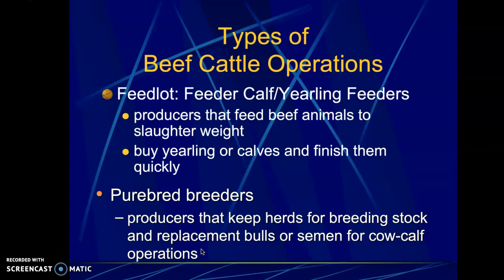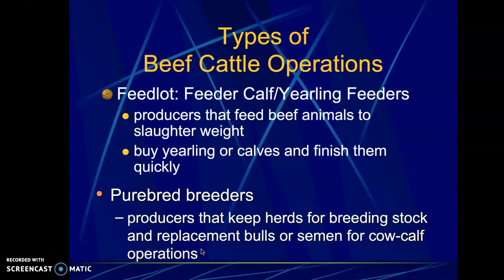They're finishing them on a diet to get them nice and plump and fat, ready for slaughtering. Now, this is primarily for beef. It's not for breeding. So the feedlot buys feeder calves or yearlings, and they feed the animals up till it's the proper weight, and then they will be sold to get processed for meat.